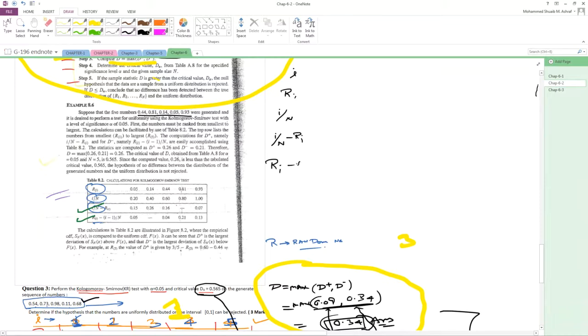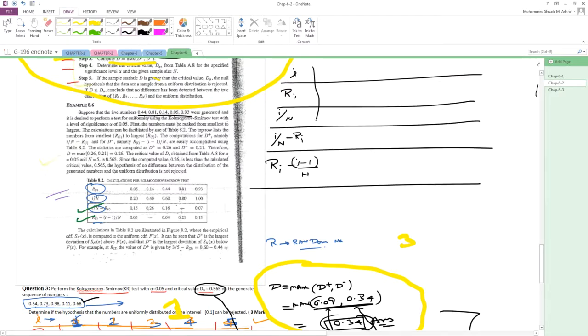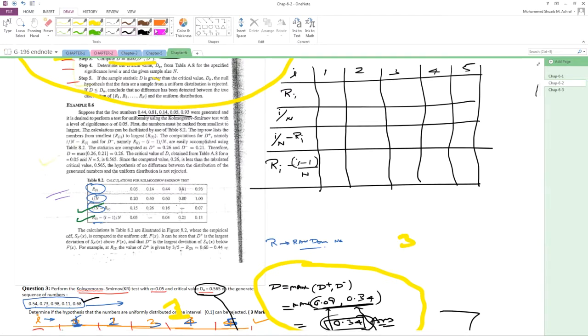Here write Ri minus (I minus 1) divided by N. I starts from 1, 2, 3, 4, 5. Then Ri: we have to arrange these numbers in order, starting from the smallest. The smallest I think is 0.05, then 0.14, then 0.44, then 0.81, then 0.93. Okay, so this is step number 1 in order.